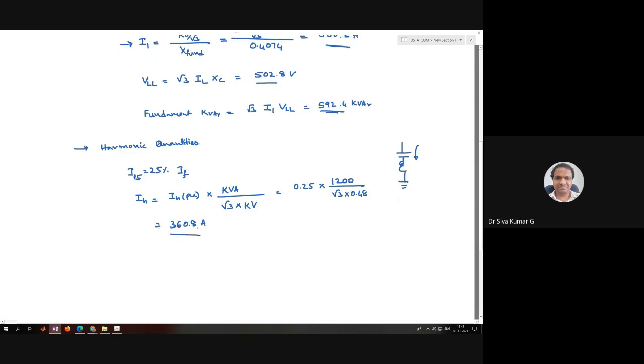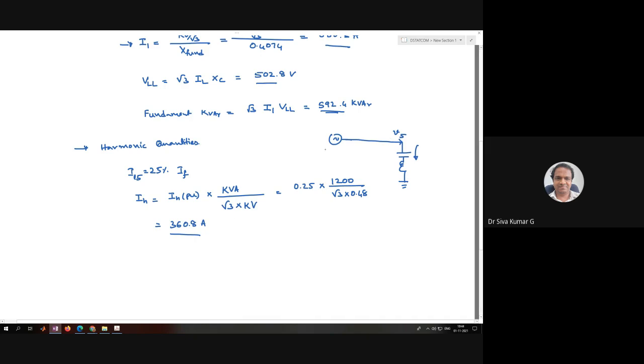This is the fifth harmonic current. There is a fifth harmonic voltage which will be applied across this, because at the source side also there is a fifth harmonic voltage. So we need to evaluate the fifth harmonic current from the source side also, because the source is also contributing the fifth harmonic current apart from the load.